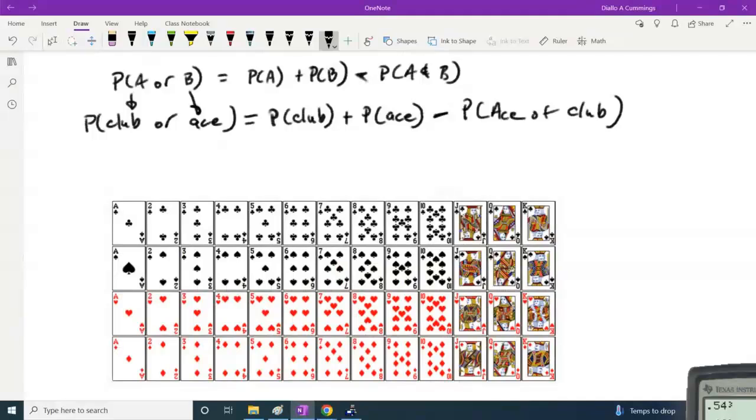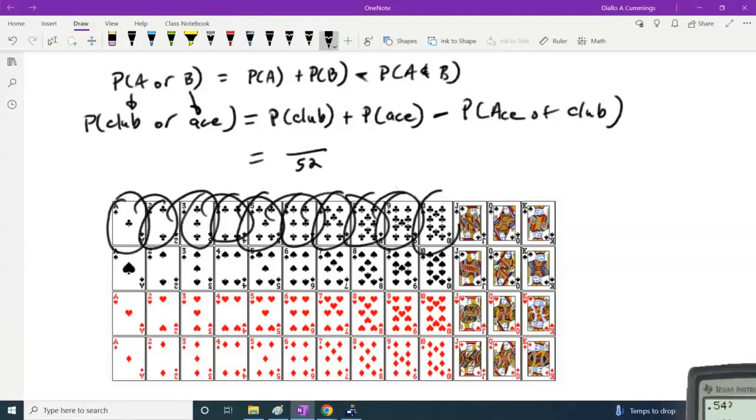So now, what's the probability of finding a club? Well, there's 52 cards total in this standard deck, and there are 1, 2, 3, 4, 5, 6, 7, 8, 9, 10, 11, 12. There should be 13 clubs to choose from out of that 52.